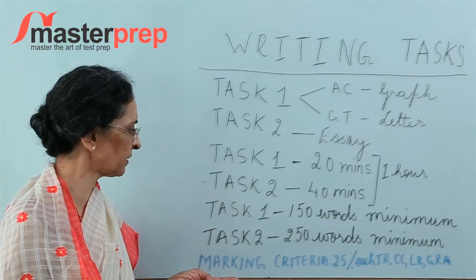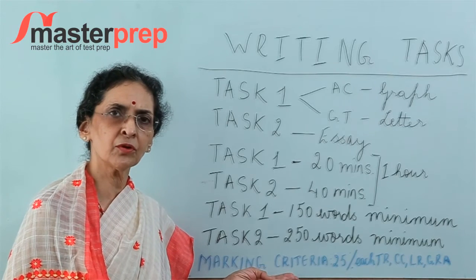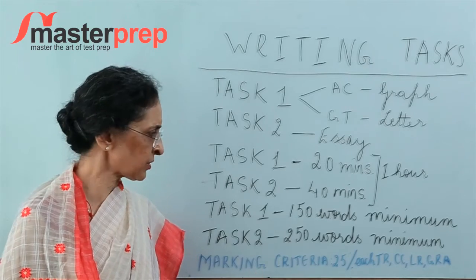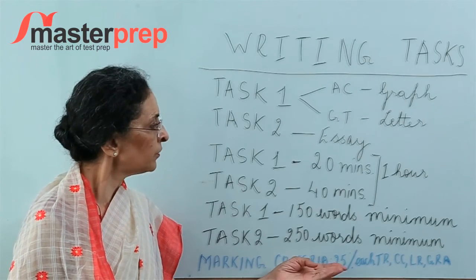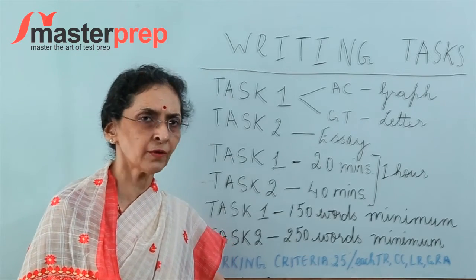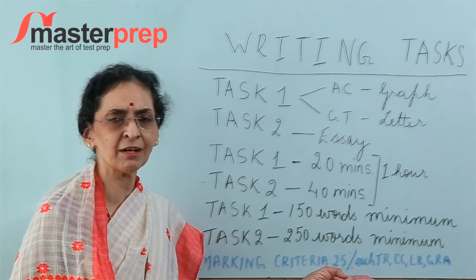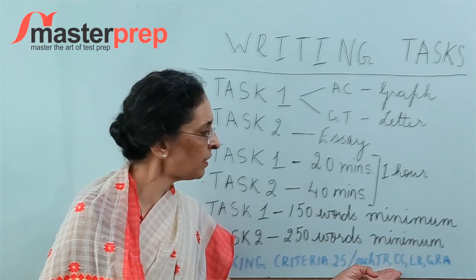A quick look at the marking criteria. These are described in more detail and analyzed for your benefit in other videos as well. But here, just for your information, you have equal weightage across 4 criteria in both the tasks. So you have 25% marking each on TR.